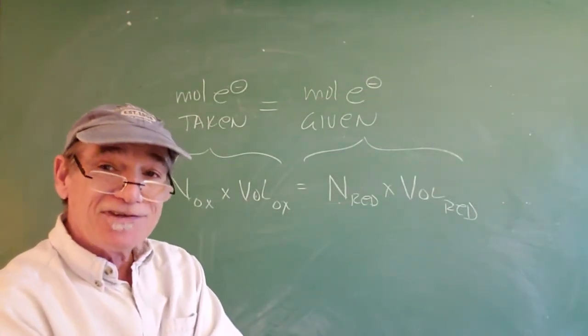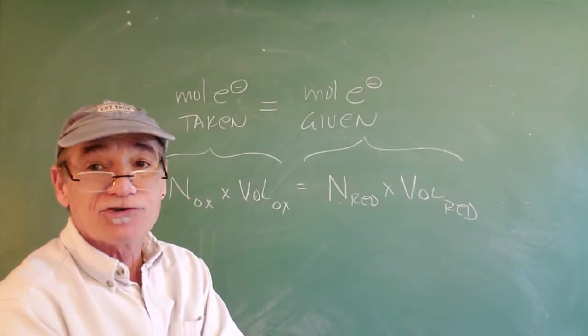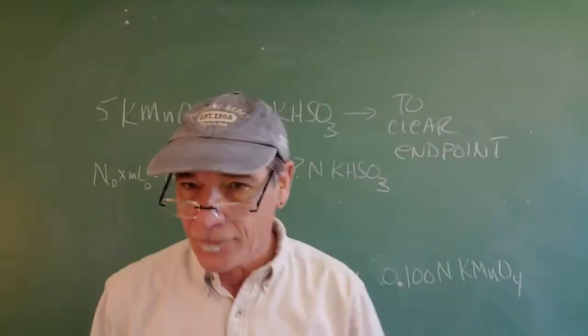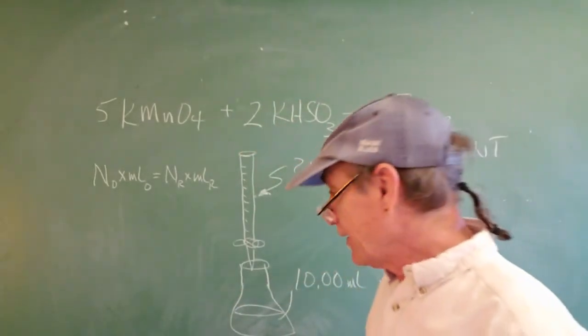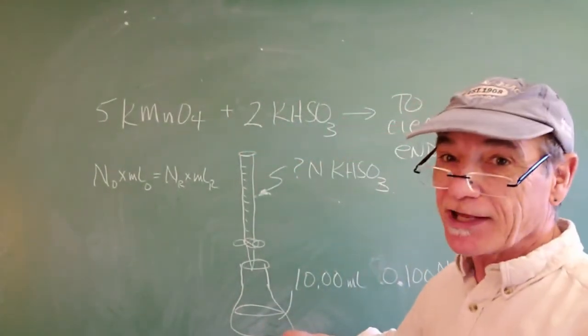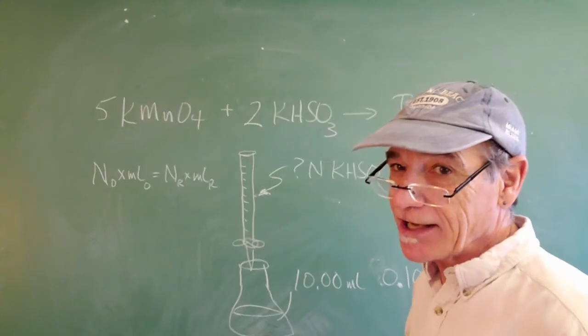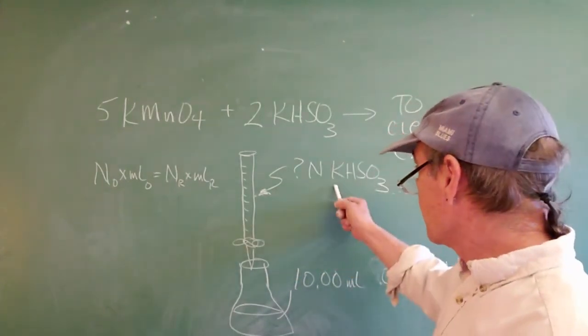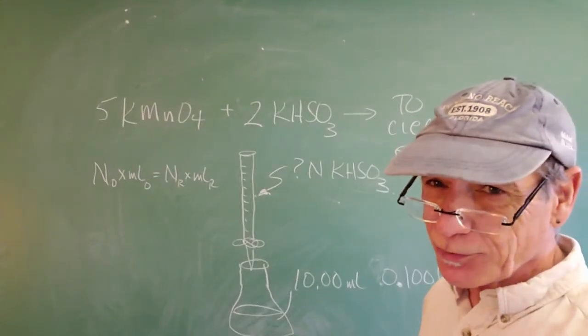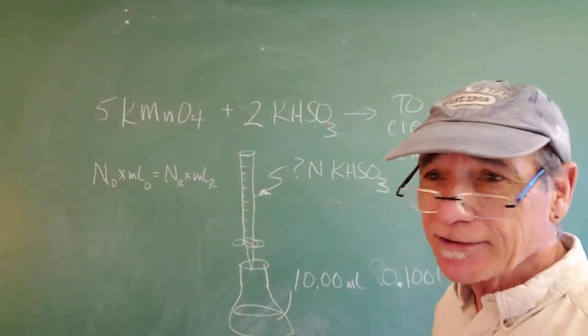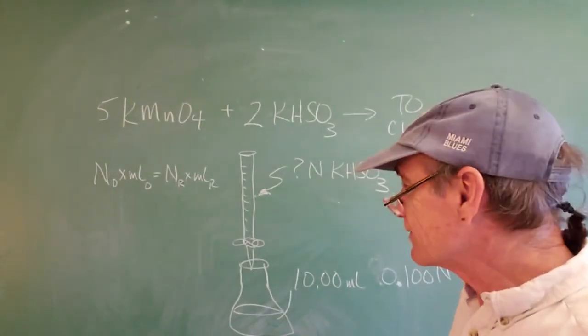All right, so let's see how this applied then to our reaction today. Okay, this was pretty much how the lab was supposed to go. We were going to have you put some potassium permanganate in an Erlenmeyer flask and titrate it with some KHSO3. Again, it had a built-in endpoint because it goes colorless when it reaches its equivalence point, when everything has gotten oxidized.